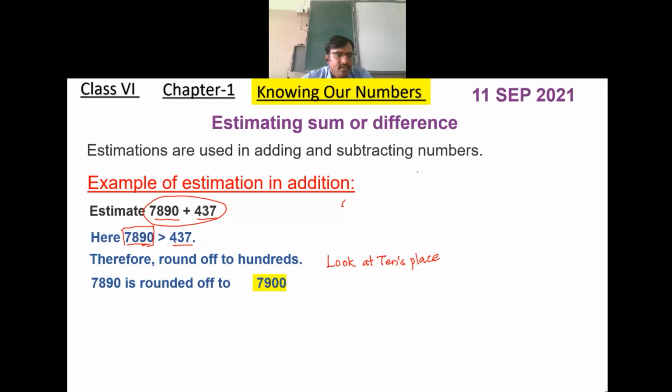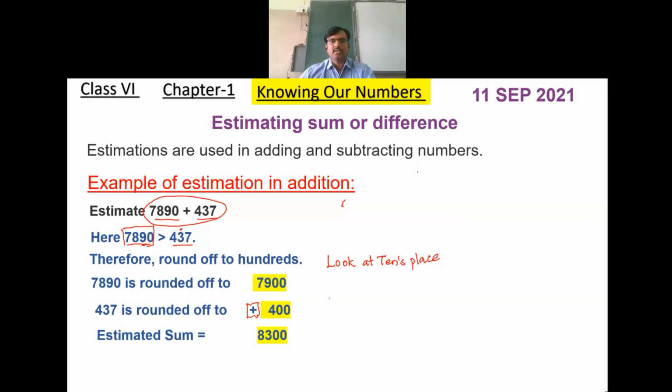Similarly, for 437, we look at the tens digit. It is 3, which is less than 5. So the units place and tens place are replaced by zeros, and it becomes 400. Now we add these two numbers and get the estimated sum 8,300.